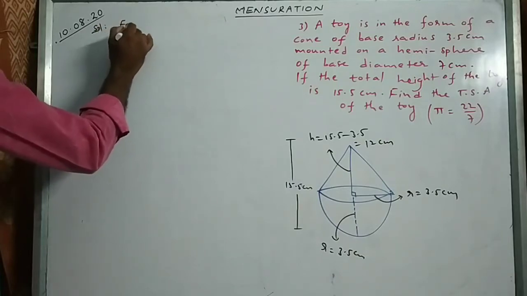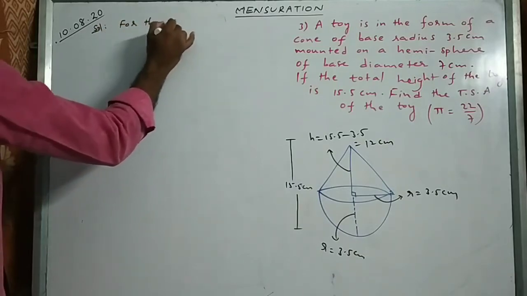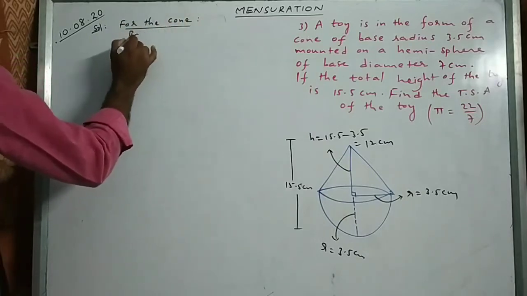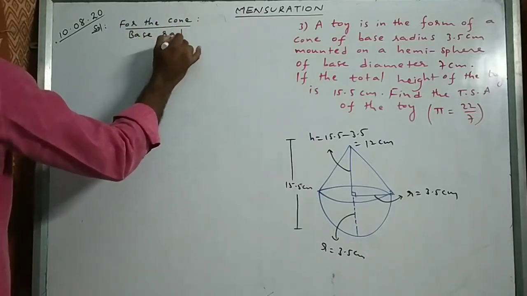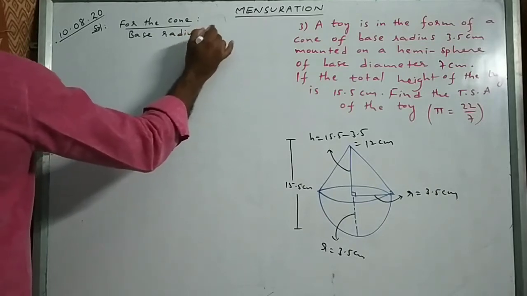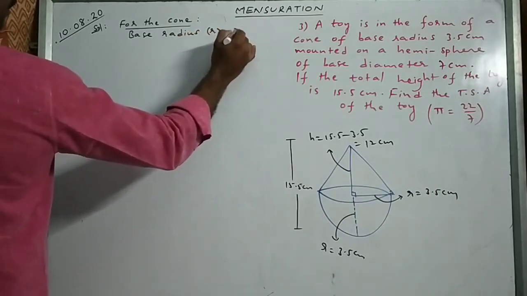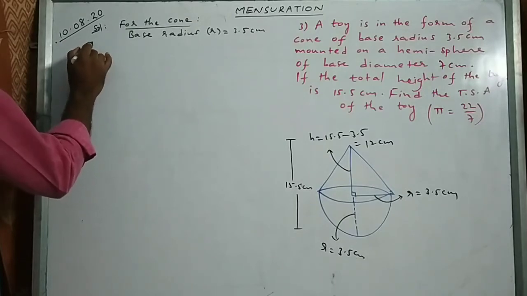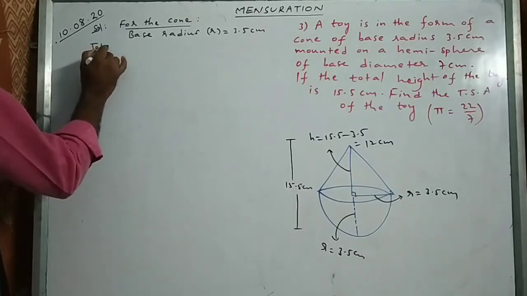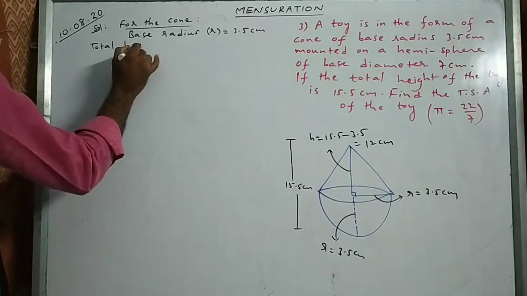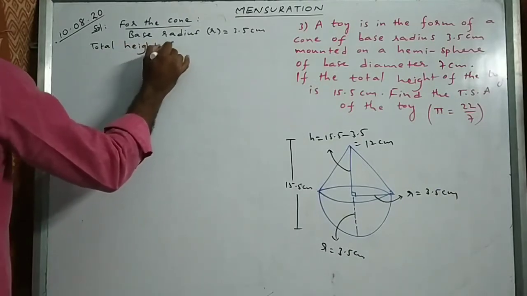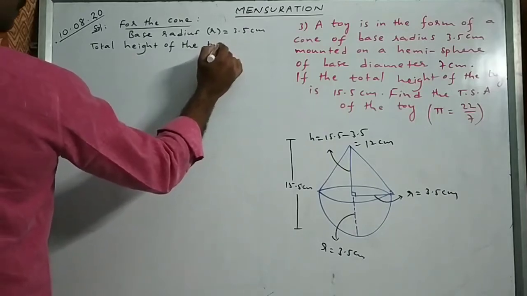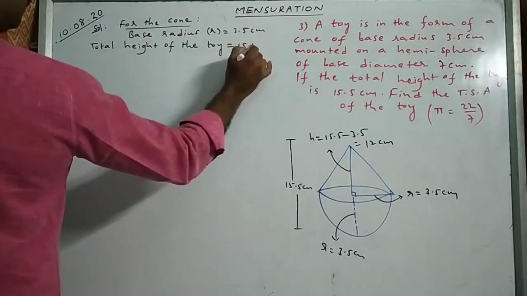For the cone, base radius is 3.5 cm, total height of the toy is 15.5 cm.